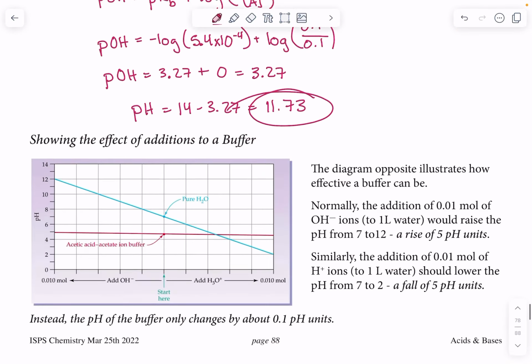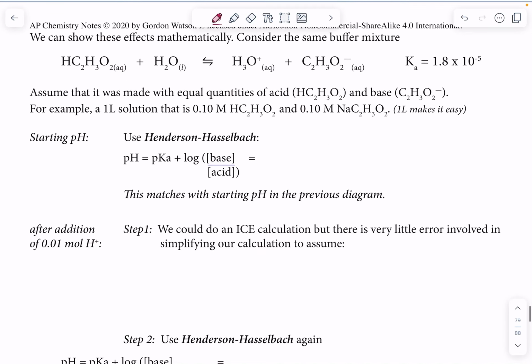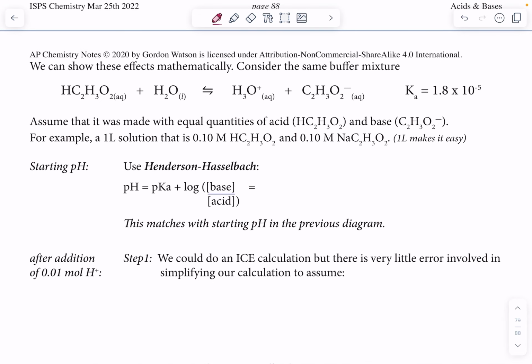So if we go to the next pages, what we're looking at here is what happens when we add things to a buffer system. So again, the whole point of a buffer system is that it can maintain its pH when you add other things to it.